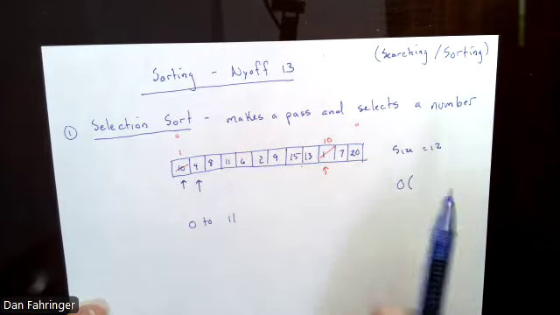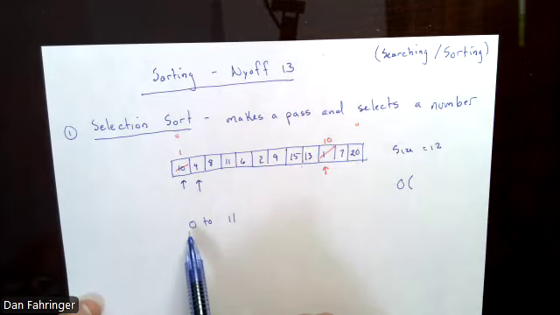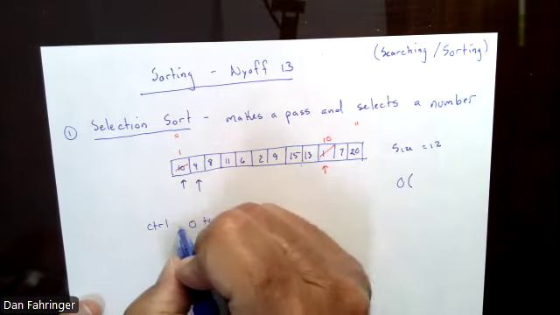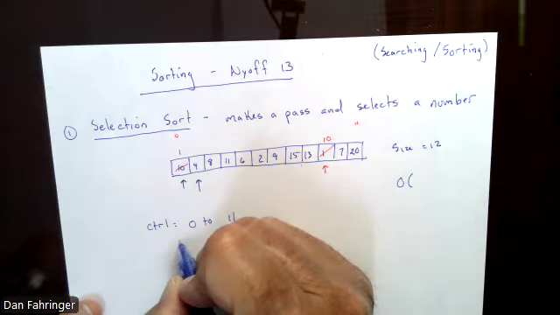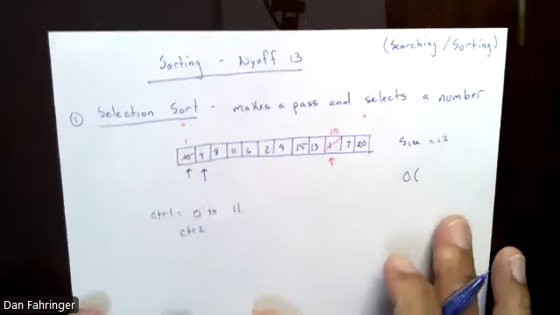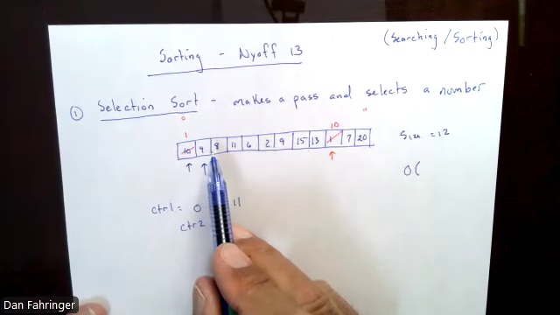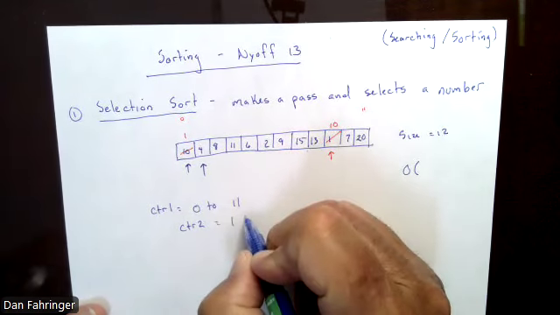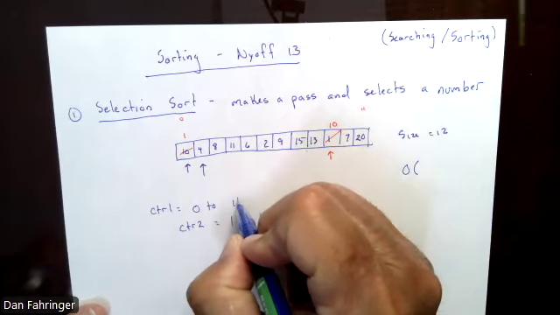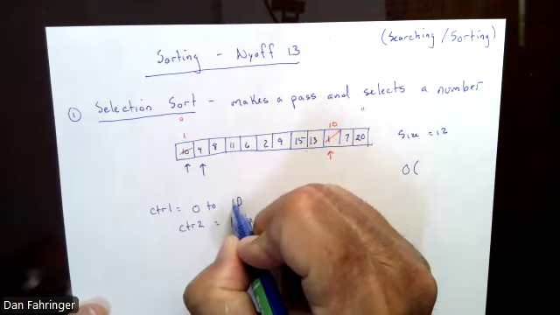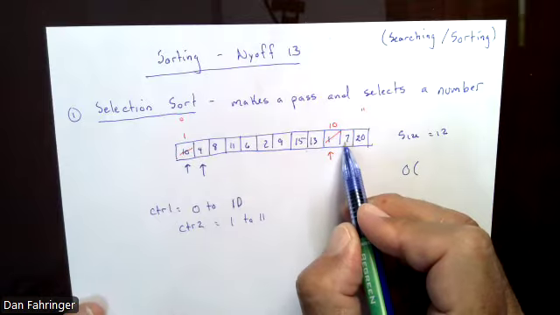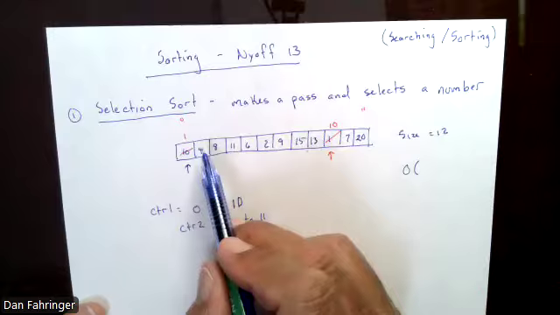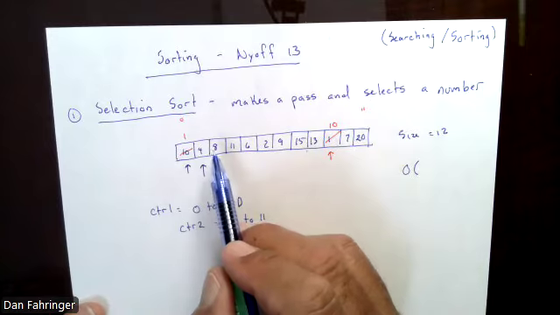My second loop would be this guy, and if I called him counter sub 1, then this guy, counter sub 2, he would go from 1 to 11. This guy would go from 1 to 10 because eventually I'm going to be comparing 1 to 0 with 1 through 11.